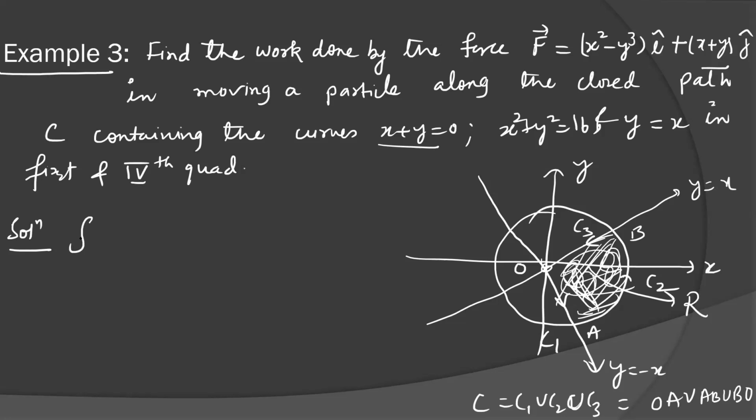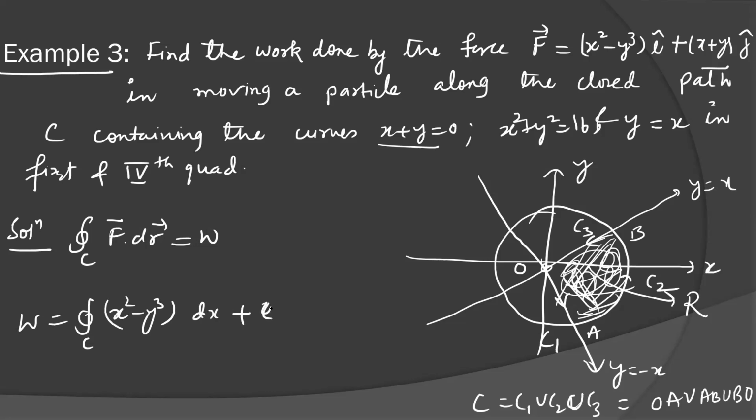So what will be the work done here? Work done is equal to the integral of F dot dr. This is your work done. And if you do the F dot dr, it will become (x square minus y cube) dx plus (x plus y) dy. Compare this integration with f(x,y) dx plus g(x,y) dy. Now what is your f here? f(x,y) is x square minus y cube and g(x,y) is x plus y.